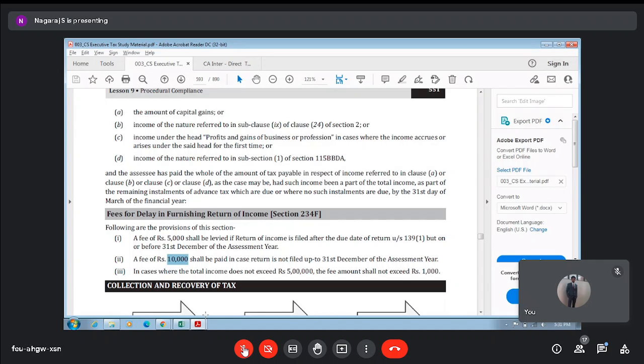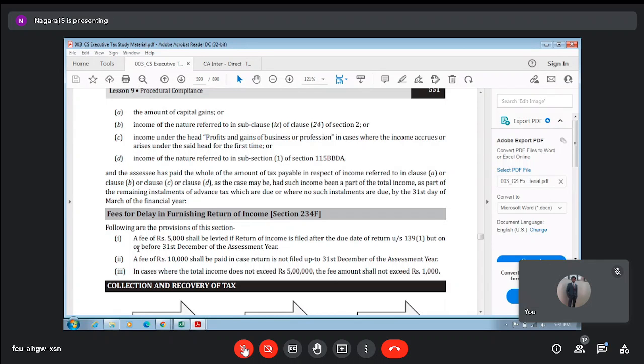If you have failed to file the return on the due dates, but you have filed on or before 31st December, you will have to pay late fee. Sorry, I went to the second one first.